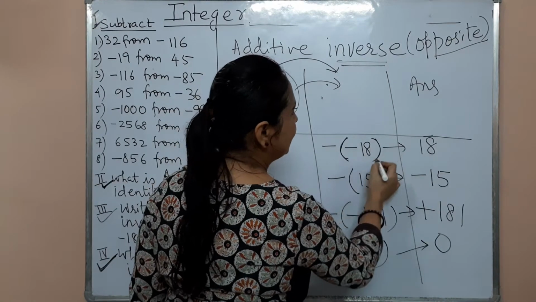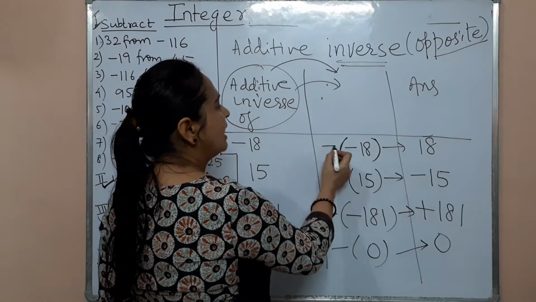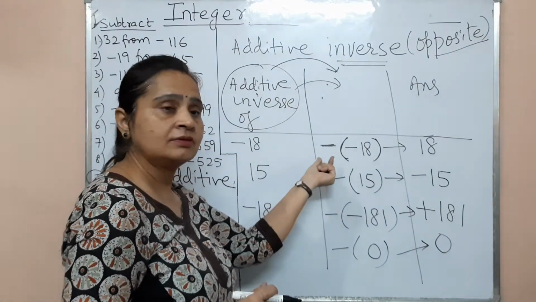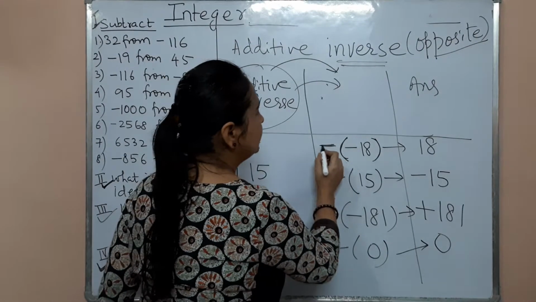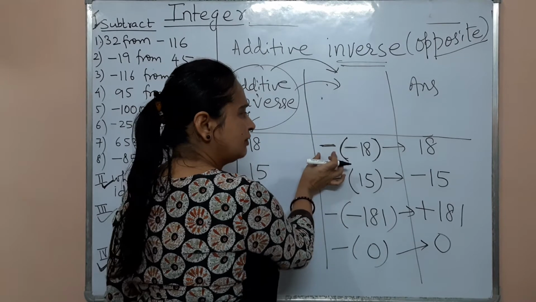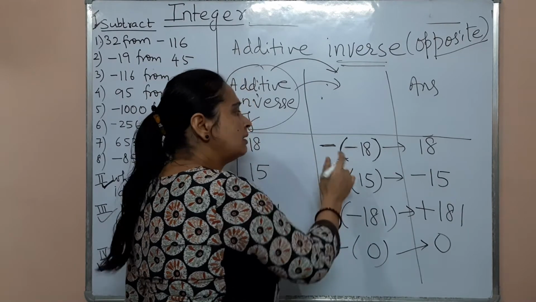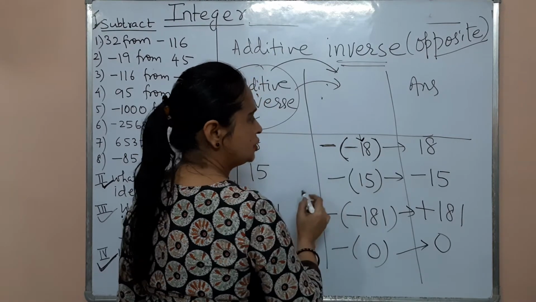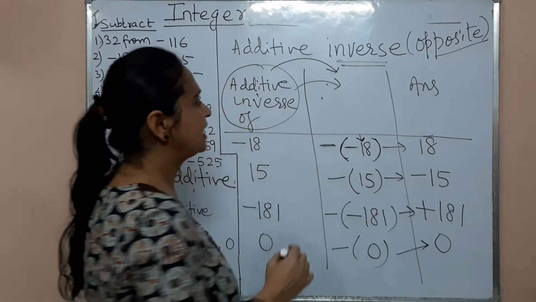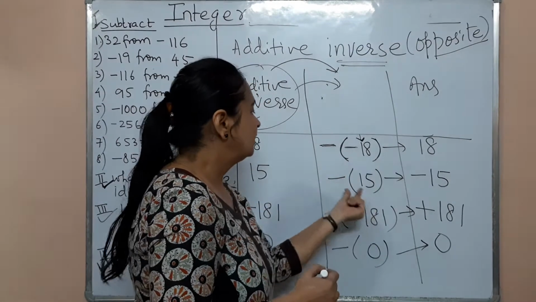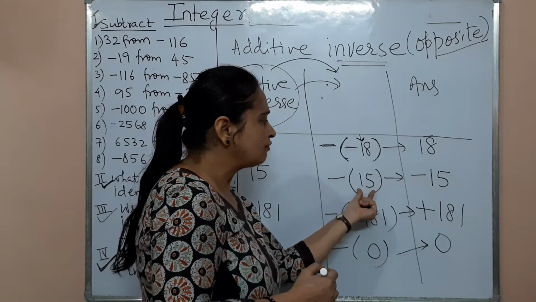Minus 18 को मैंने ब्रैकेट में डाला and then minus. So if somebody asks you minus of this number's additive inverse, it means they are asking you to write the opposite of this number. ठीक है? Minus sign is outside means they are asking you to write the opposite of this number.